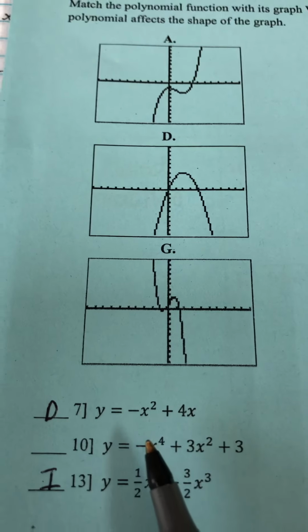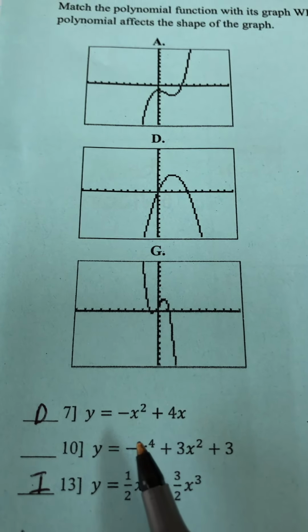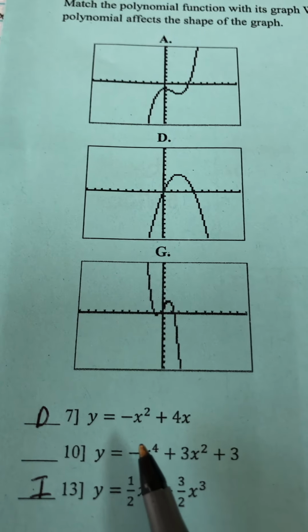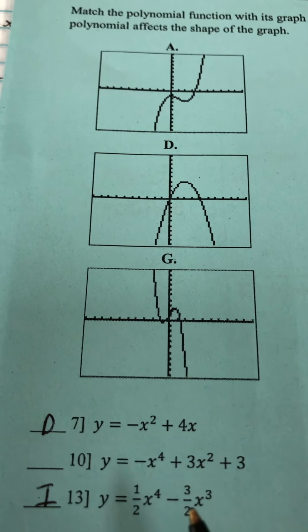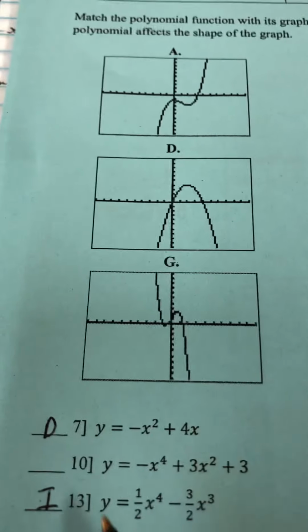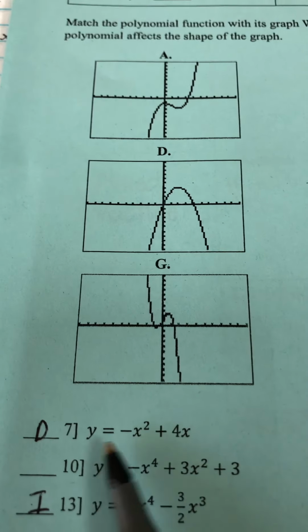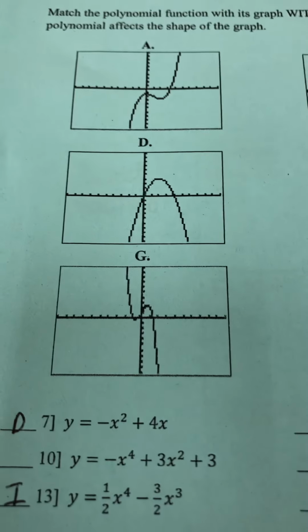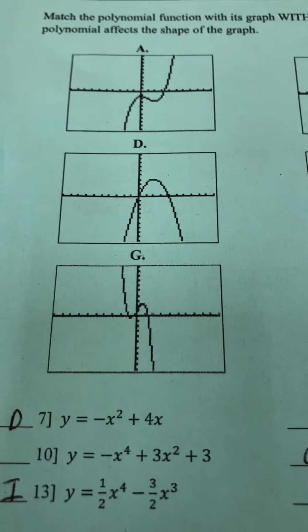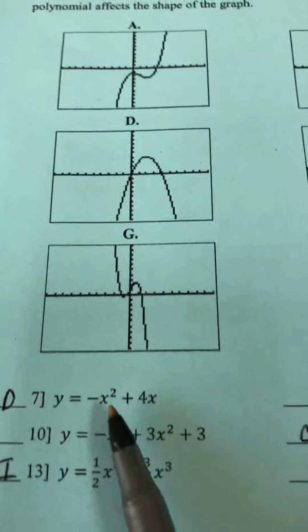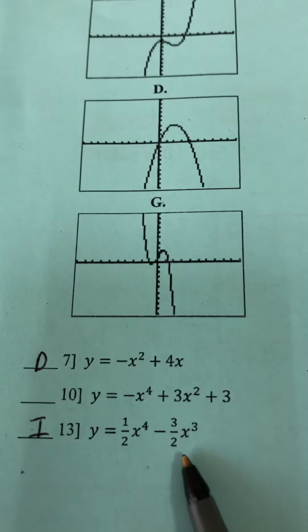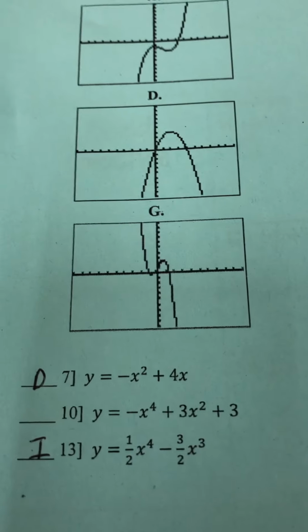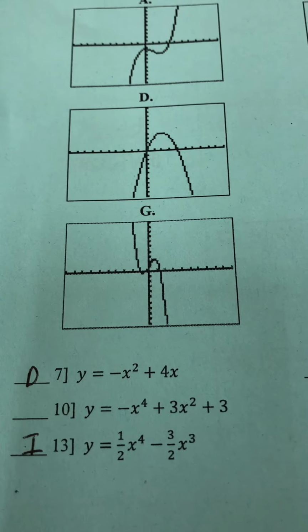What I would like you to do is look at these and pick which ones you think they are based on how you think they'll behave with those different exponents and other aspects of the problem, and then you could check them on Desmos. How's that sound?